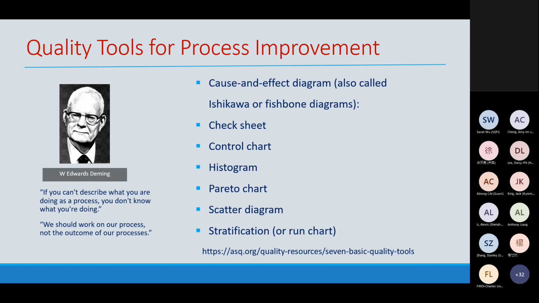So some of the tools for process improvement that should be used: cause and effect diagrams, Ishikawa or fishbone diagrams. Check sheets, not so much. Most sites have already got check sheets. The problem is they don't necessarily use the data that's in those check sheets to run control charts or process capability studies. And that's what they should be doing.